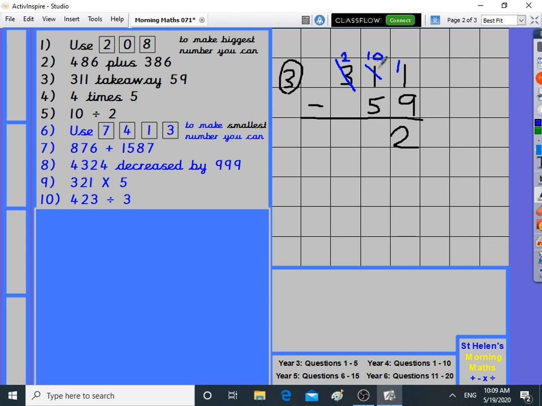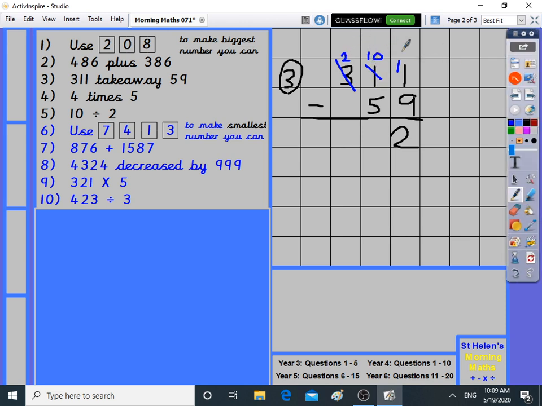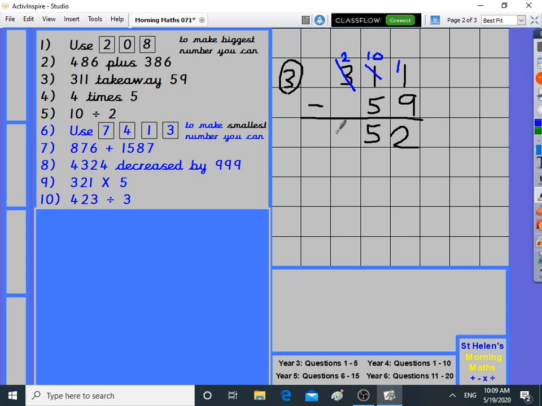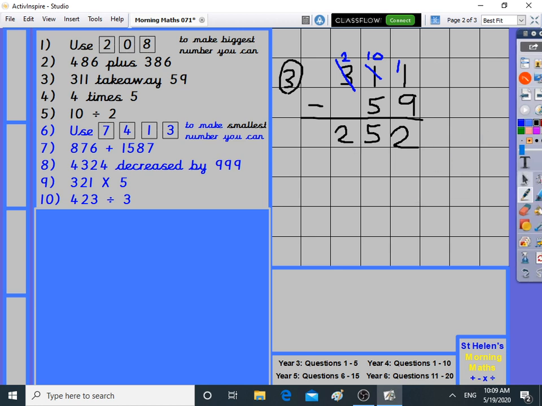So it actually becomes 10 in the tens column. 10 tens is 100, that's what we just borrowed. So 10 take away 5 is 5. And 2 take away nothing is 2. 252. That's because minus makes things smaller. So 311 got smaller. Now it's 252.